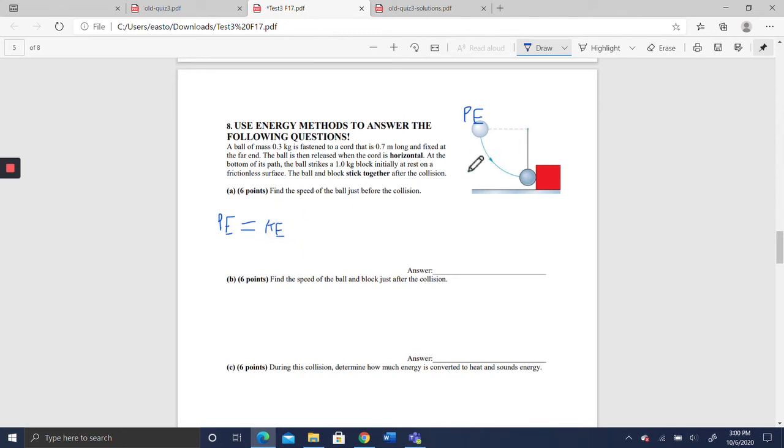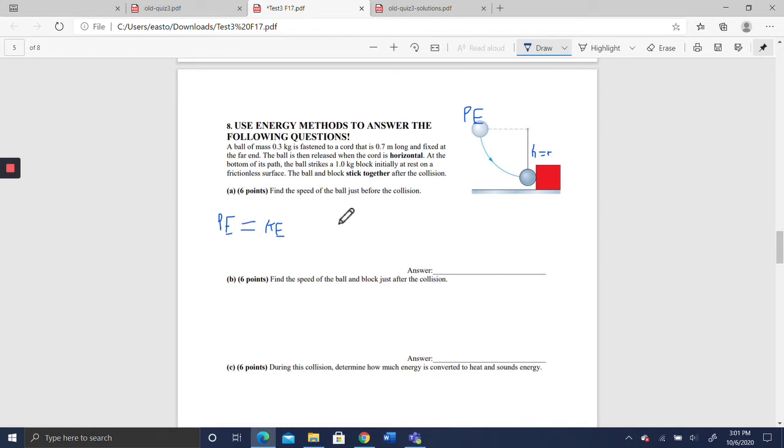So our potential energy, we can say that the height is also the radius of the ball. So if we follow this distance, that's the height, which is equal to the r. So PE is mgh.